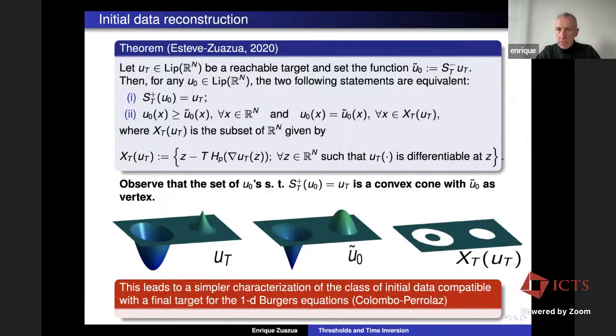And then this is the answer. The theorem says, listen, if you want to understand the whole class of U0s so that forward resolution gives you UT, a reachable target, then basically what you need to do is first, you take U0 tilde. What is U0 tilde? Well, it's the initial datum that comes out of backward resolution, which is the most natural one.